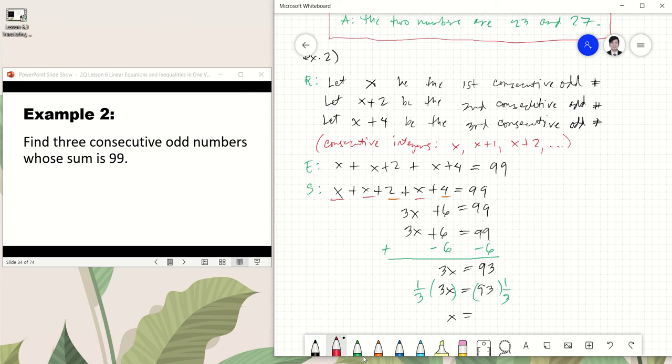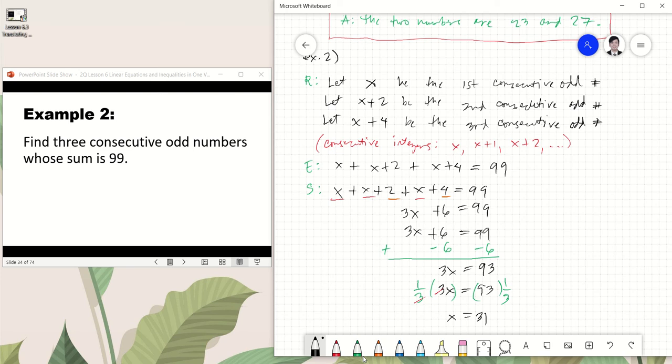So, cancel out the 3. 93 divided by 3 is 31. So going back to our representation, the meaning of the variable x is it's the first consecutive odd. So 31 yung first consecutive odd.